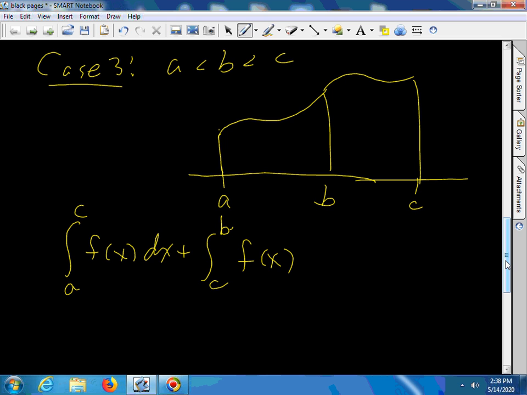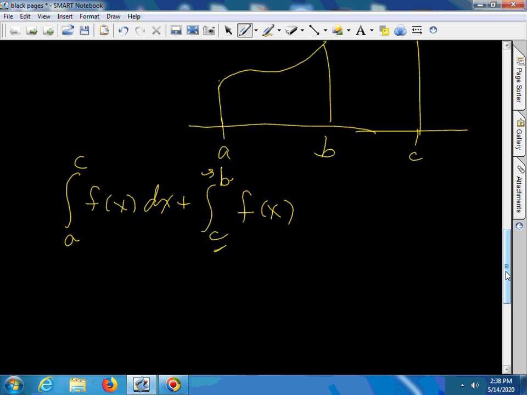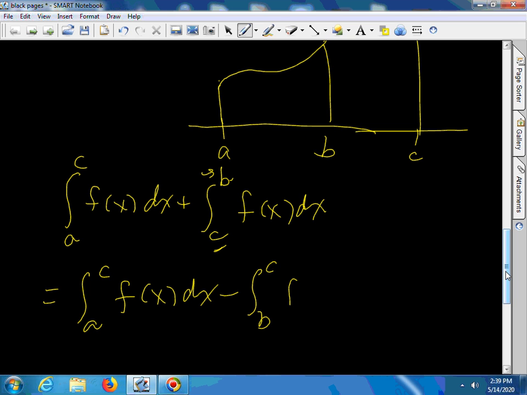Now, I like the lower limit to be less than the upper limit. C is bigger than B, so I immediately reverse that. This is the integral from A to C of f of x dx minus the area from B to C of f of x dx.